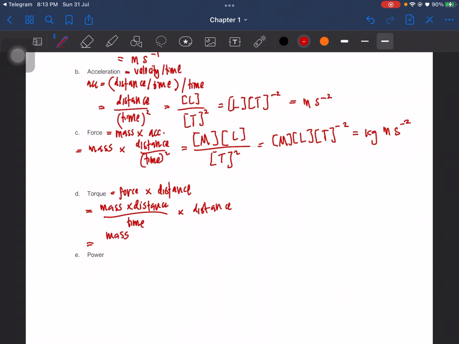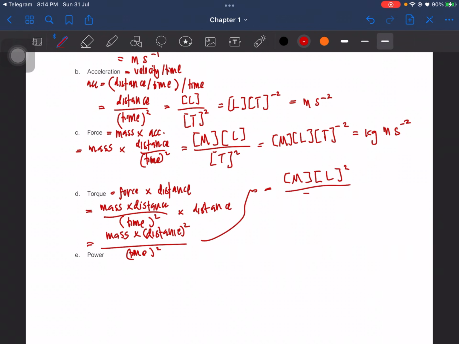So this one will get mass times distance, we square this, and divide by time squared. So we get mass, distance is L squared, and time squared as well.